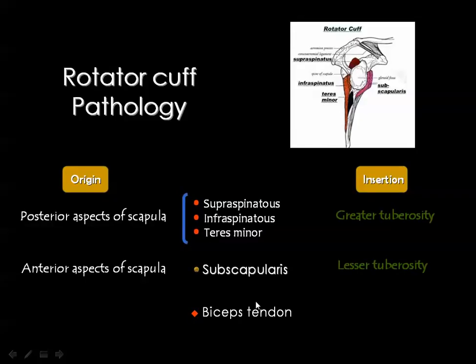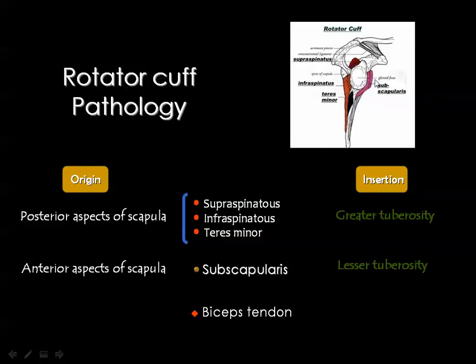Then you know that the rotator cuff is formed of four muscles, which are the supraspinatus, infraspinatus, teres minor, located along the posterior aspect of the scapula, and these muscles insert into the greater tuberosity.